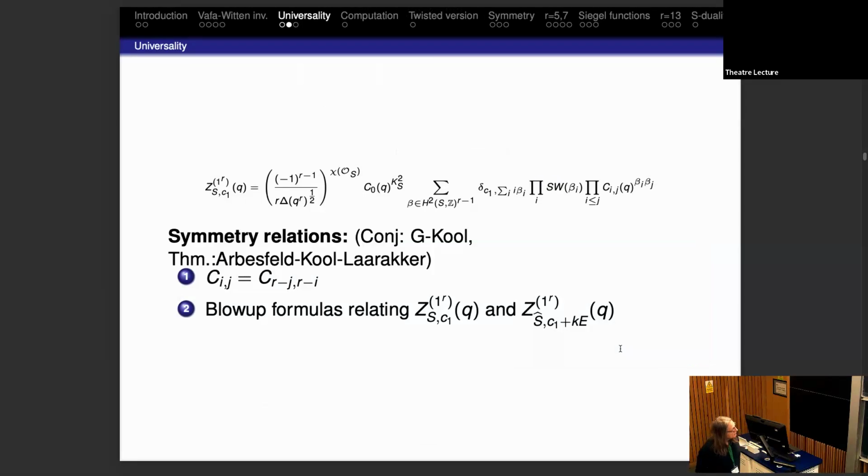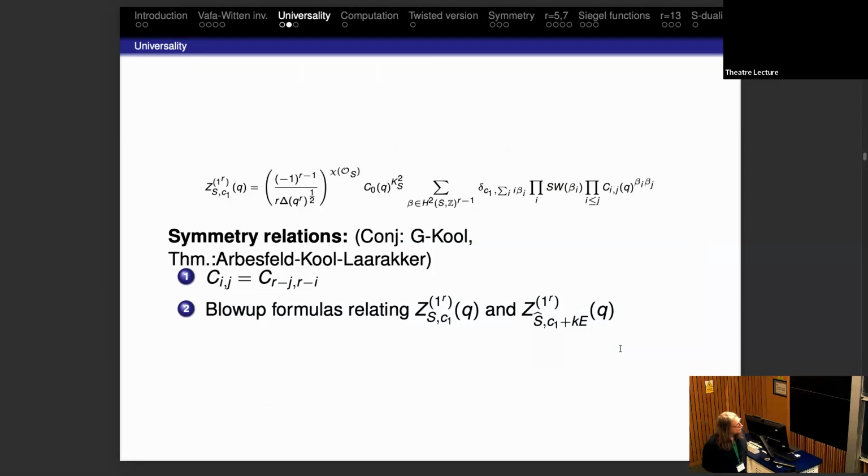For one thing, there's a symmetry relation: C_ij is equal to C_{R-j,R-i}. This was originally conjectured by me and Martijn, and then it has been proven by Arbesfeld, Bohl, and Laarakker.